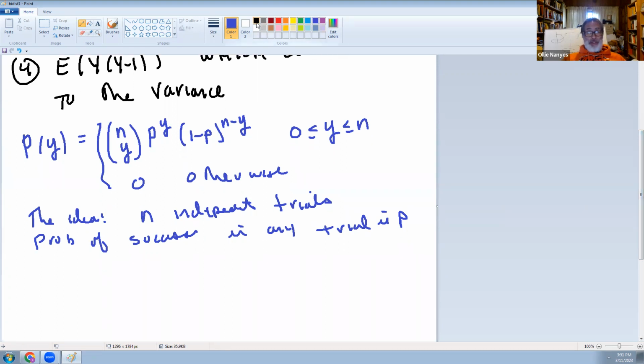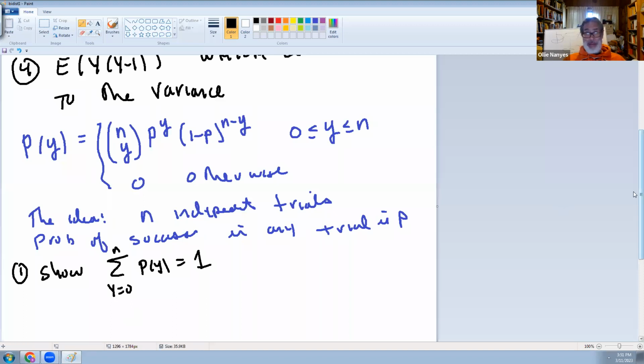Now, I'm going to deal with the nuts and bolts of the distribution itself. The very first thing I want to show is that if you take the sum from y equals 0 to n of p(y), you get 1, as you're supposed to.